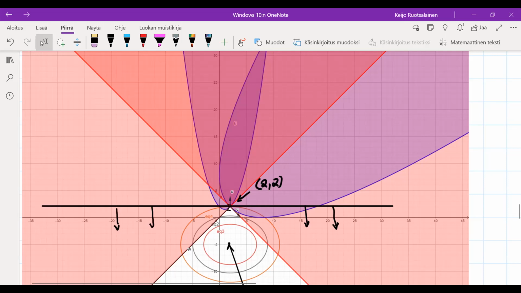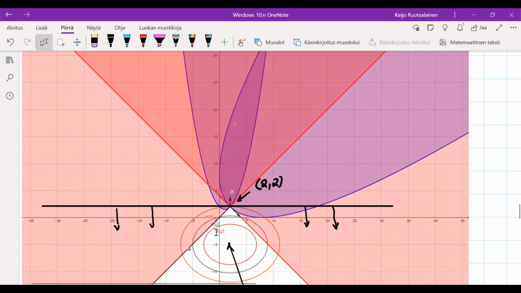And if I compute the gradient of the cost function here, it points upwards. So it points to the x2 direction. If I take the gradients of the constraint functions, they are pointing into this direction.